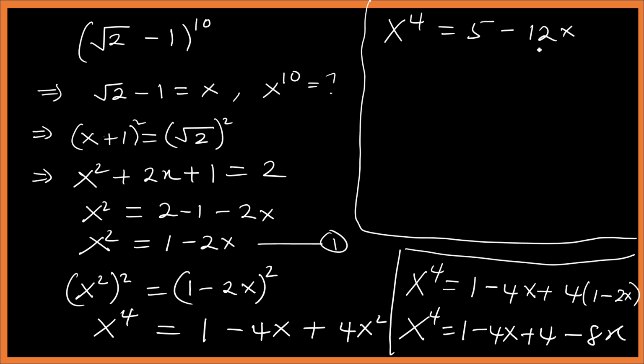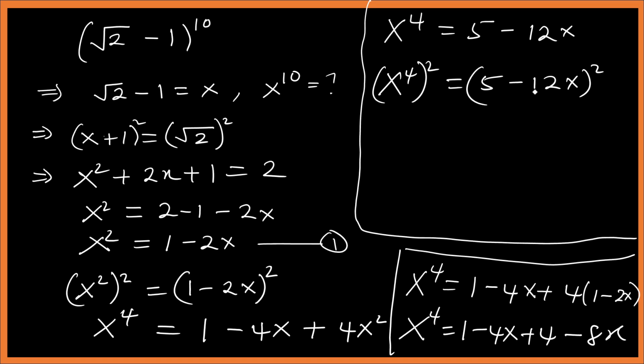Now we have x to the power 4 here, and we have x squared. When we multiply, it will give us x to the power 6, but this side is x to the power 10. So let's go again. x to the power 4, let's square it again: (5 minus 12x) all squared.